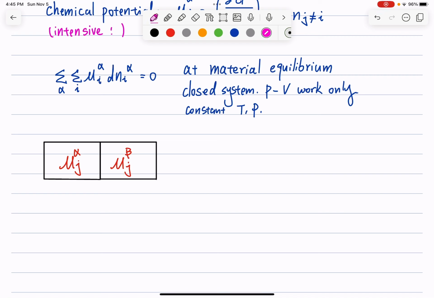Now let's say we know this substance J flows from beta to alpha, where beta and alpha are phases of the substance J. So the question is, which phase has higher chemical potential?